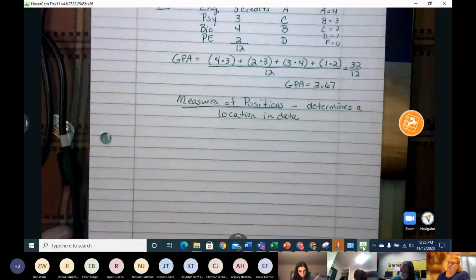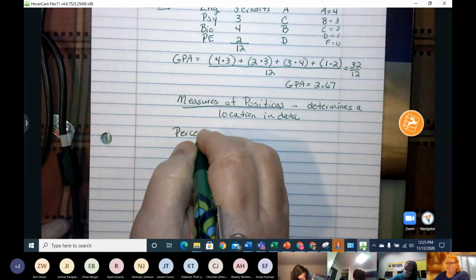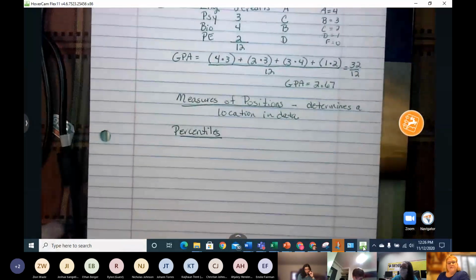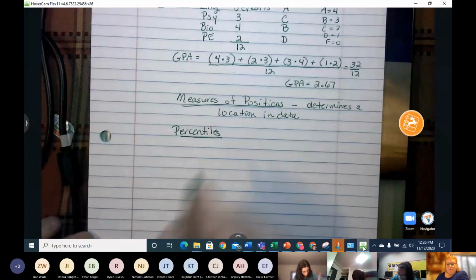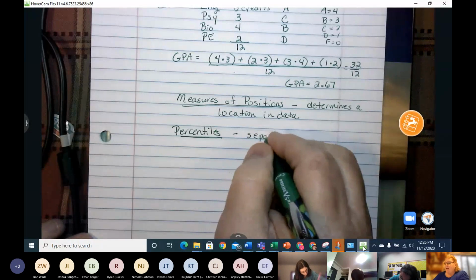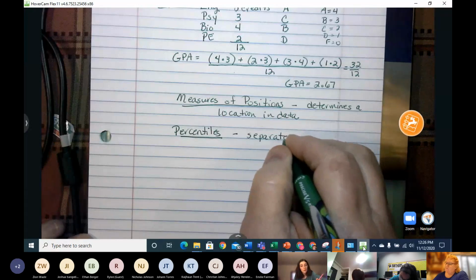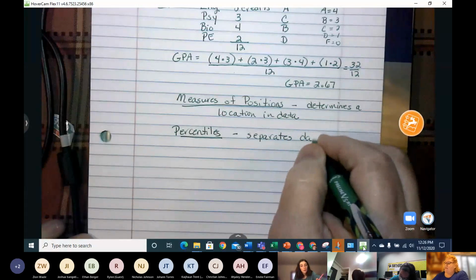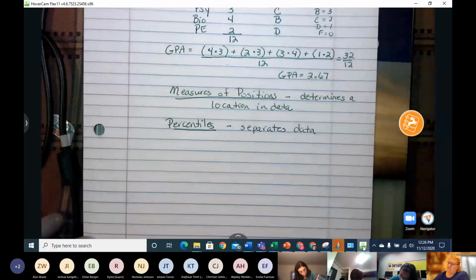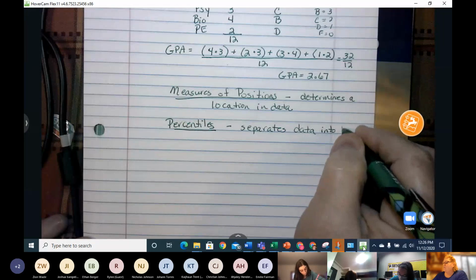The one that we're going to start with first is called percentiles. And just like it sounds, percents are related to 100. So it is going to separate our data into 100 parts. It doesn't matter whether you have less than 100 or more than 100, it still separates the data into 100 parts.